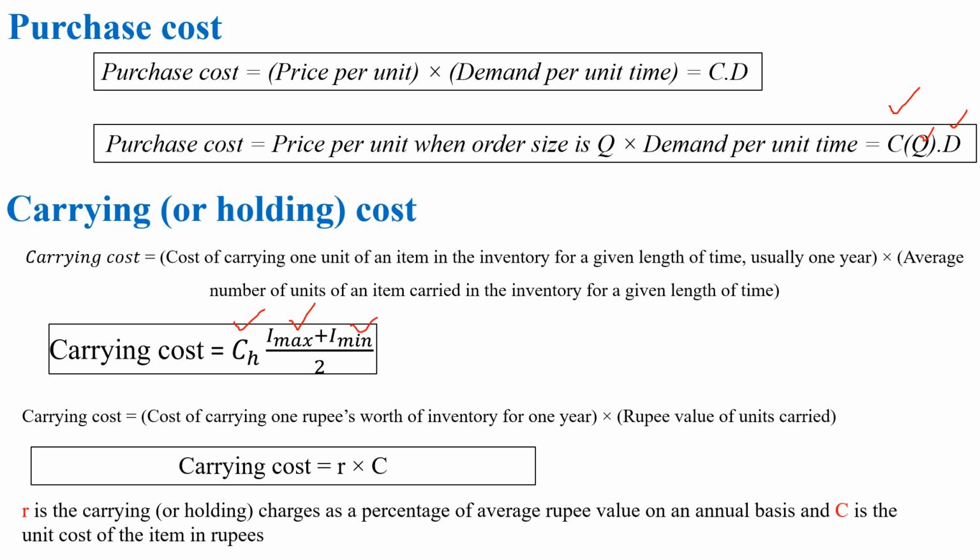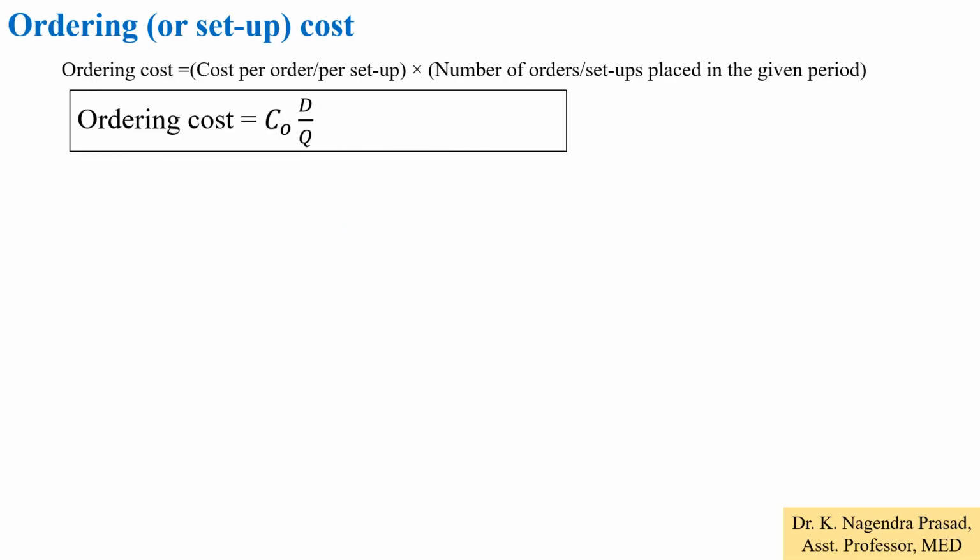Then carrying cost equals CH into (I max plus I min) divided by 2. We can also express carrying cost as small r into capital C, where small r is the carrying charge as a percentage of average rupee value on an annual basis, and C is the unit cost of the item in rupees.